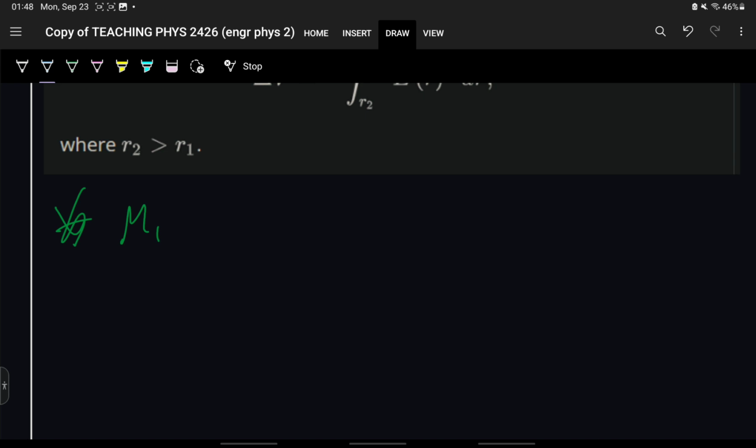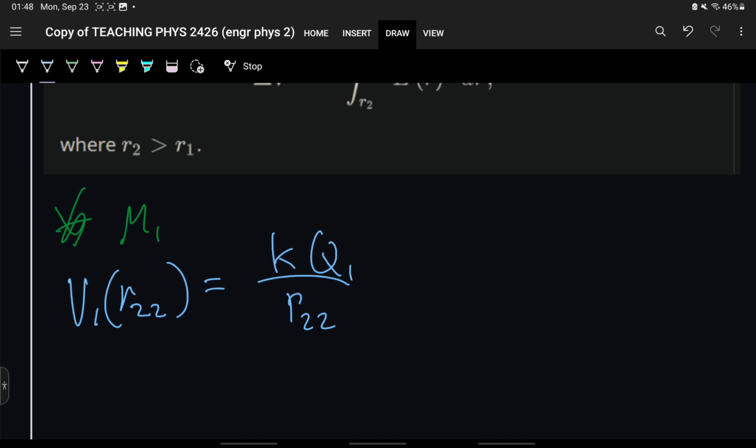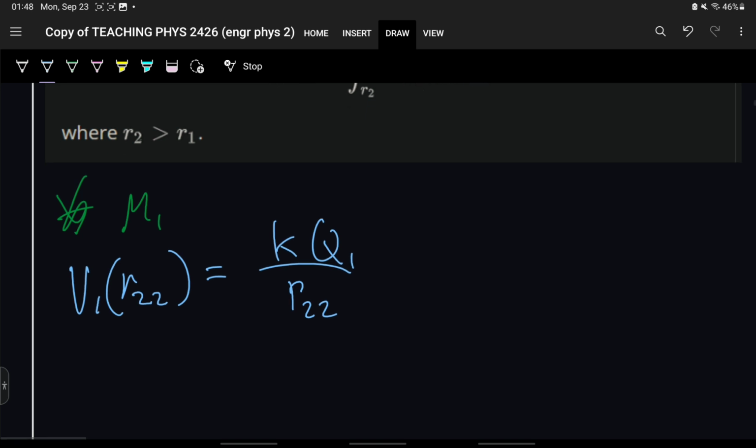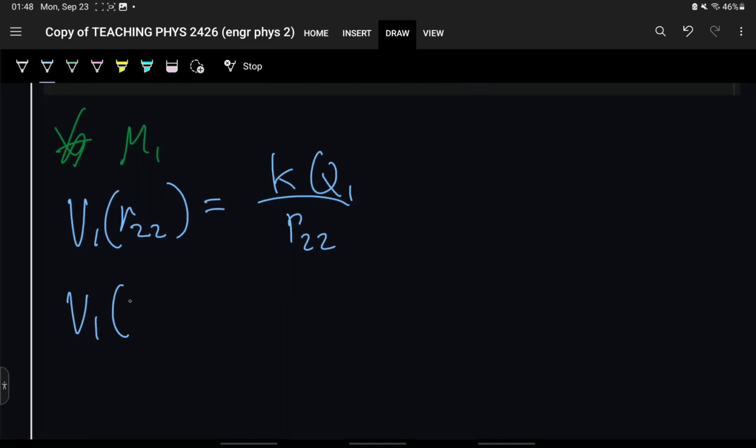The potential at the radius R2,2, the outer surface of capital M2, due to M1 is going to be V1 of R2,2, equal to lowercase k times Q1 all divided by R2,2. And the potential inside of capital M2 at R2,1 due to M1 is V1 of R2,1, equal to lowercase k times Q1 all divided by R2,1.